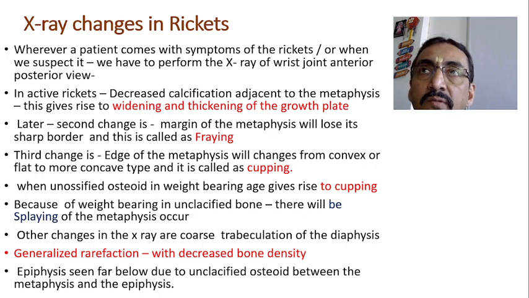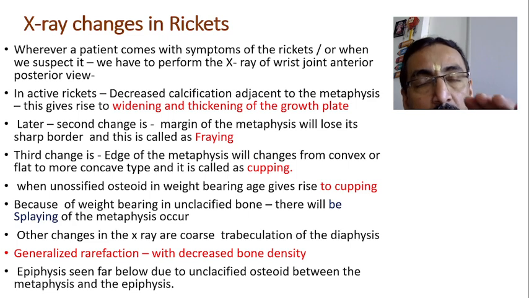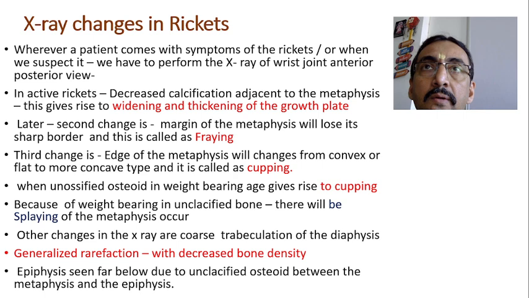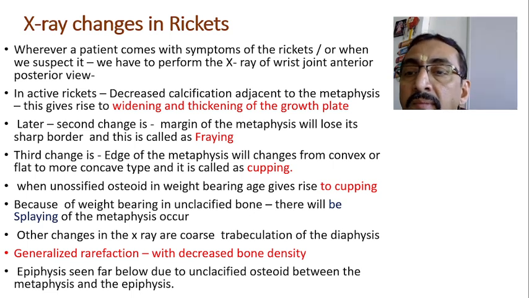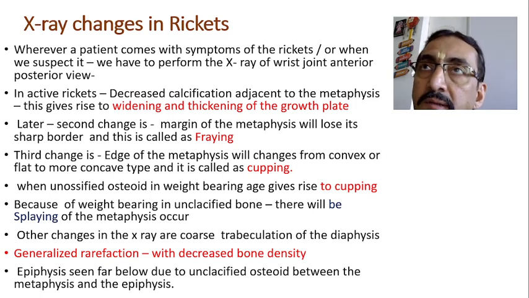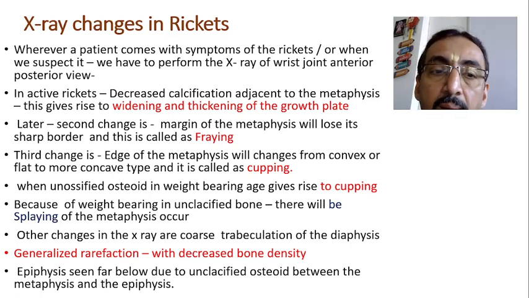And now when there is deficient mineralization or calcification, either that convex border becomes flat, or it becomes concave. When it becomes more concave looking, it is called cupping. It gives a cupping appearance. So this is another important third change. One is fraying, another one is cupping.